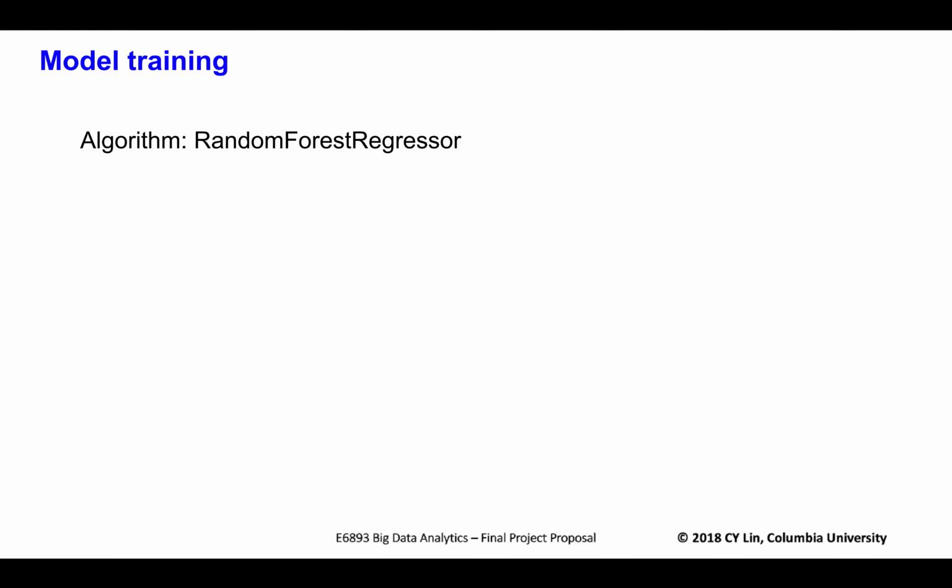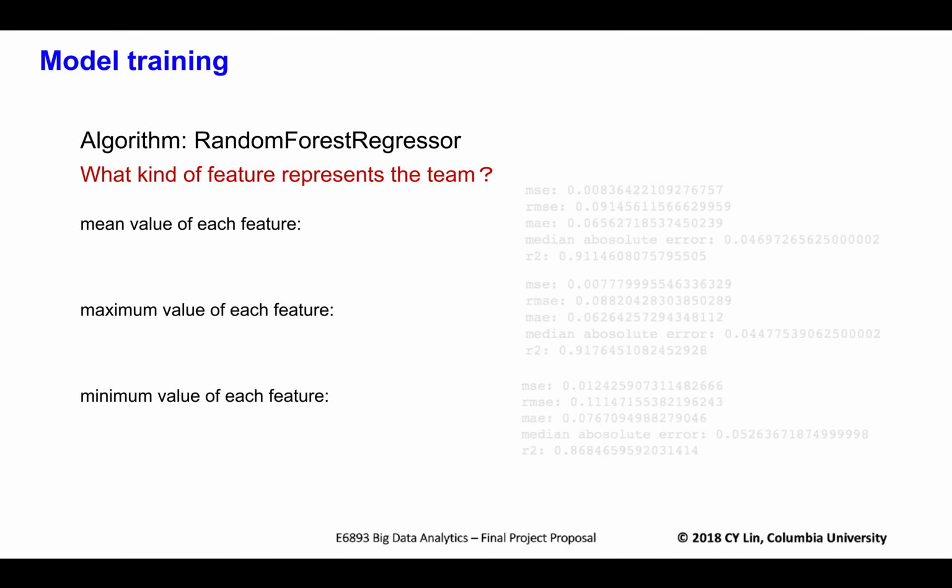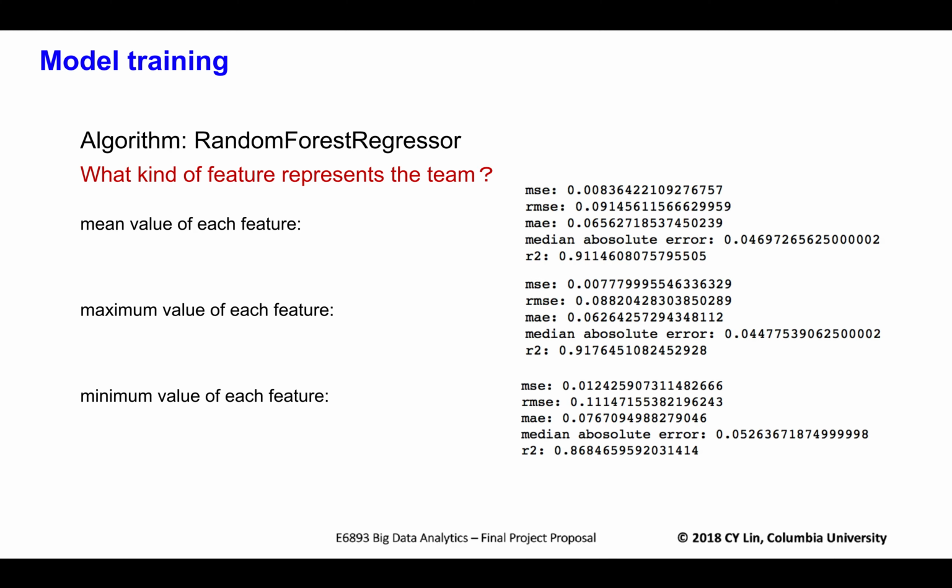The next part is model training. We use the random forest regressor algorithm. We all know that the game contains both solo mode and group mode. So we have to consider what kind of feature to use to represent the whole team's performance. Intuitively, we have three ideas: using the mean value, maximum value, or minimum value of each feature to represent the whole team's performance.